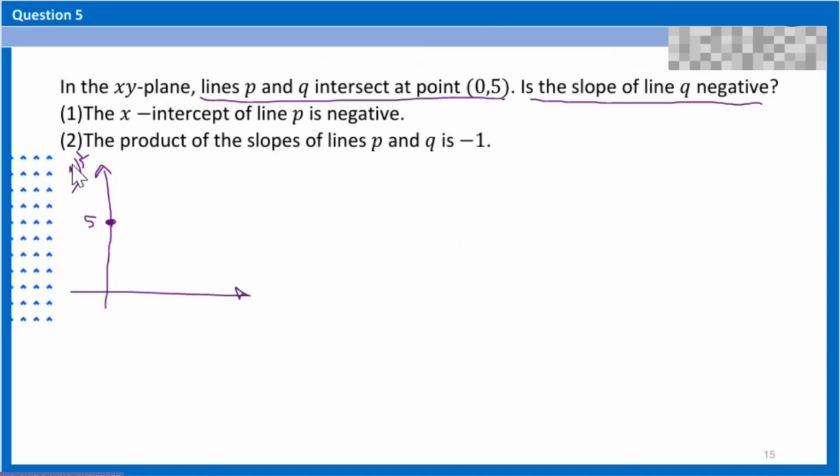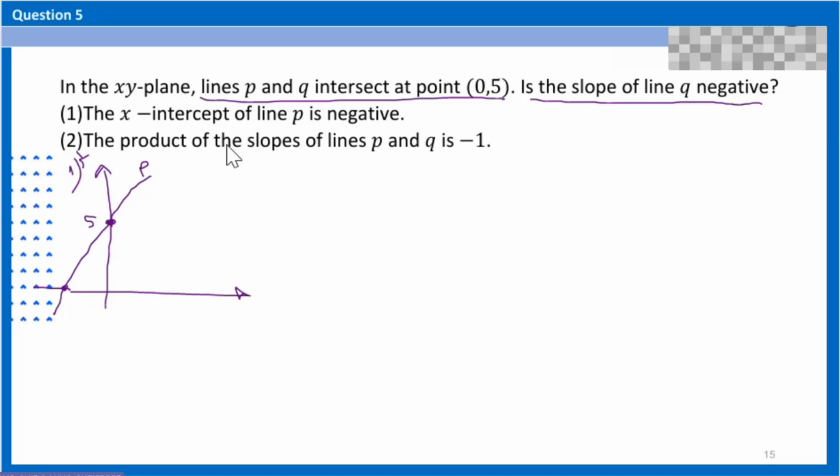So if two lines cross at that point, and you know that the x-intercept of line P is negative, that means the line must go something like this, because the x-intercept will be negative. So this is P, but is this sufficient?